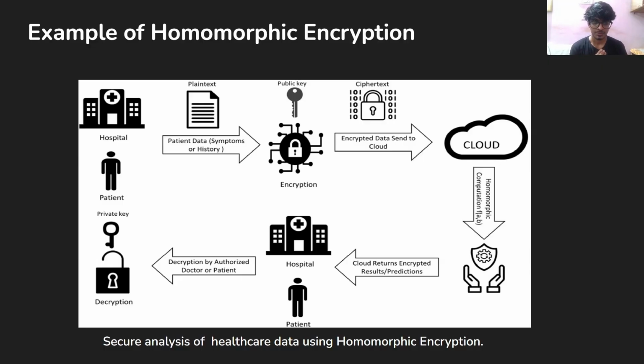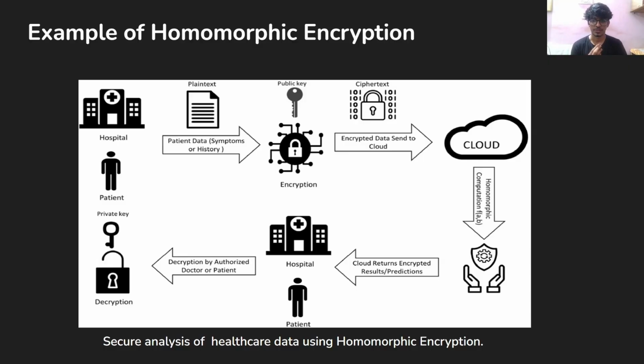The cloud service provider would perform the homomorphic computational operations on the encrypted ciphertext, and the output would also be a ciphertext. Now the hospital officials can decrypt that ciphertext and actually see the results of the diagnostic test and determine whether the patient suffers from a certain disease or not.